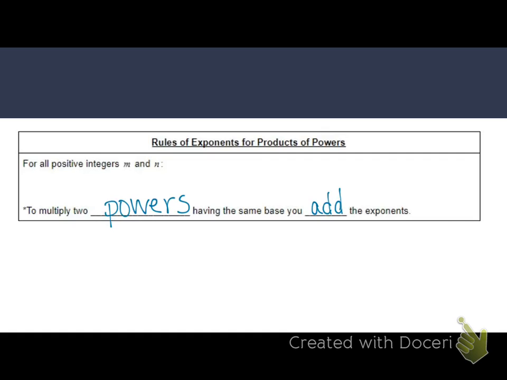So when it says for all positive integers m and n, if you are taking a to the m power times a to the n power, notice our bases are the same, they're both a's, then we are going to keep that same base of a, and we are going to add the exponents, m plus n.